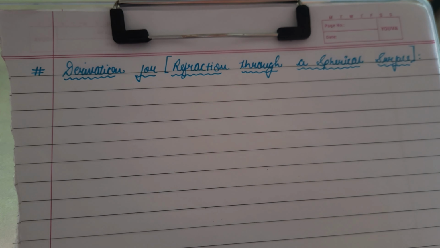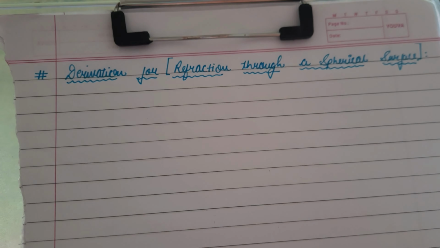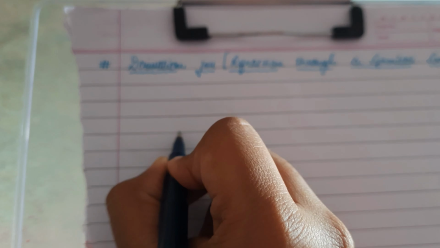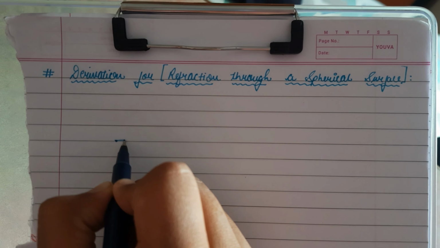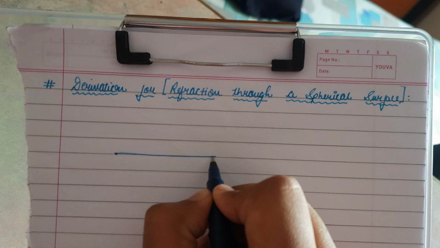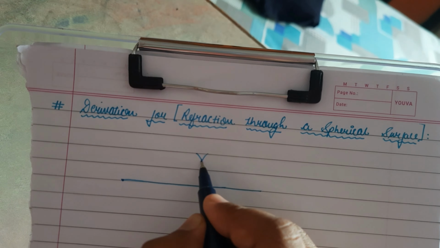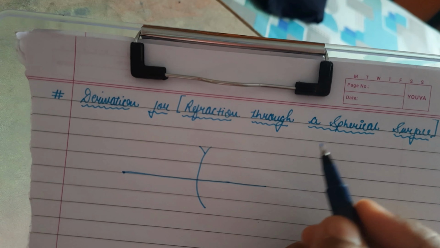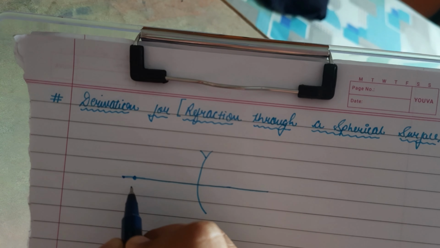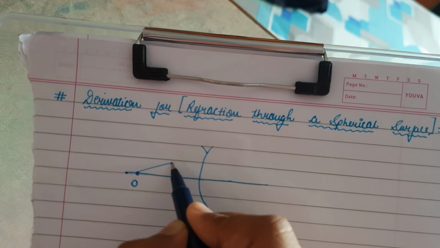So first of all, in any derivation of ray optics, if you draw the diagram, the job becomes easier. So we will start with that only. First of all, you make a principal axis like this, a spherical surface, and suppose here is an object O. So from here the ray will pass like this.